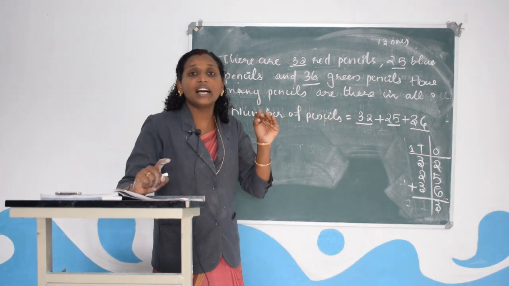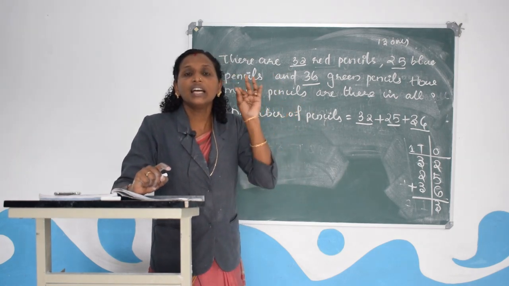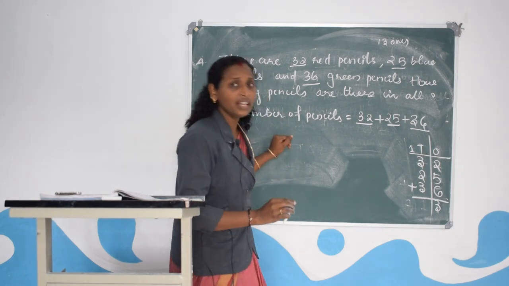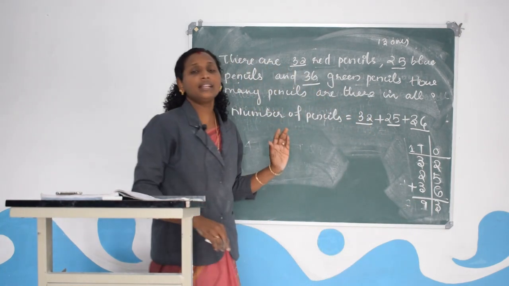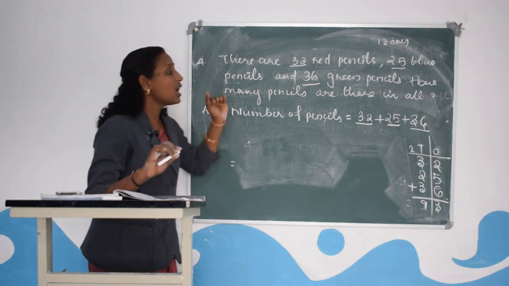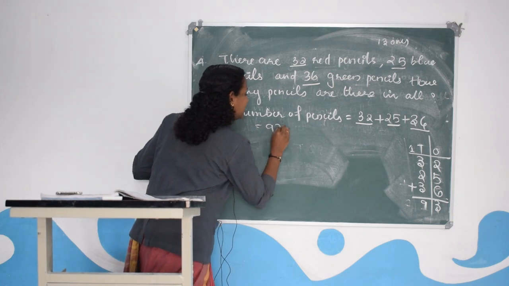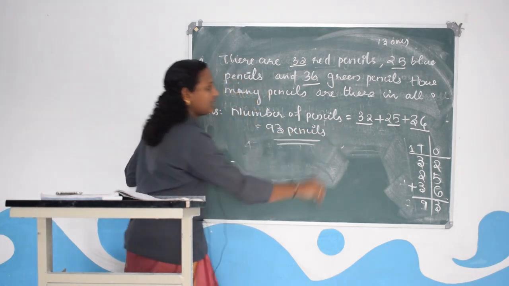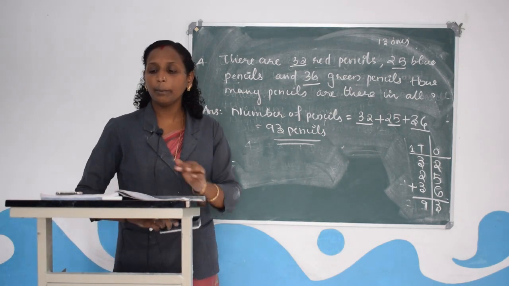That means it has 9 tens. How many tens? 9 tens. That means 9 can be written in the tens place. That means it has how many pencils? It has 93 pencils.